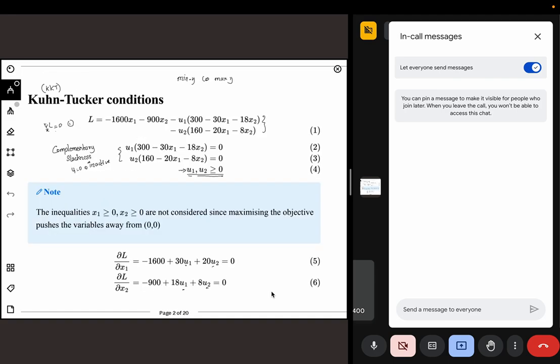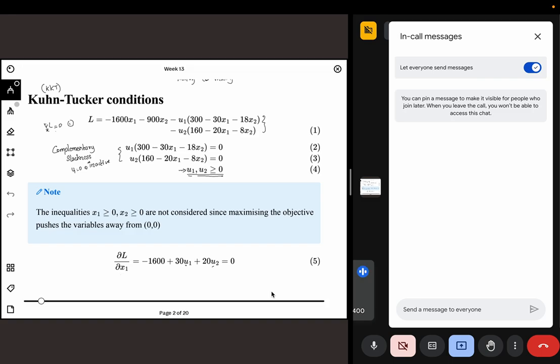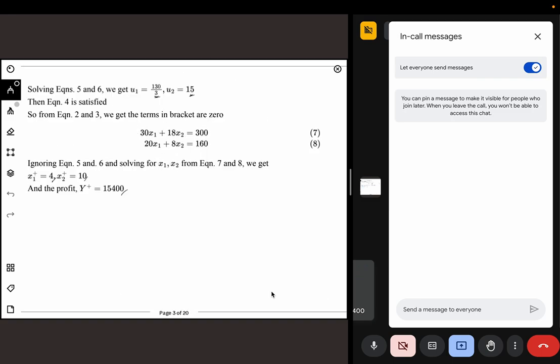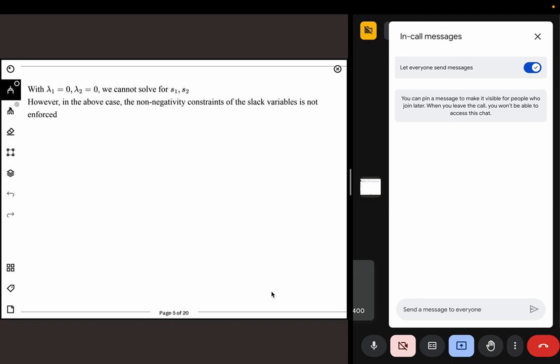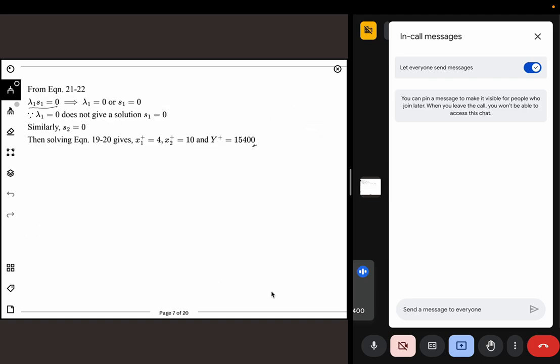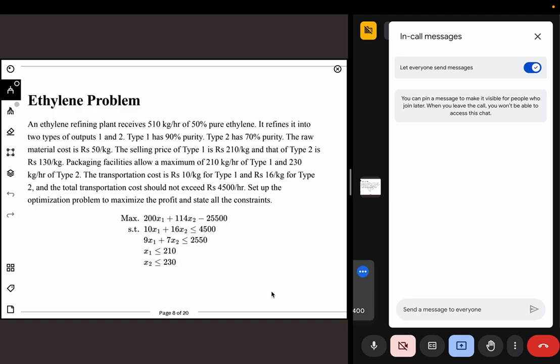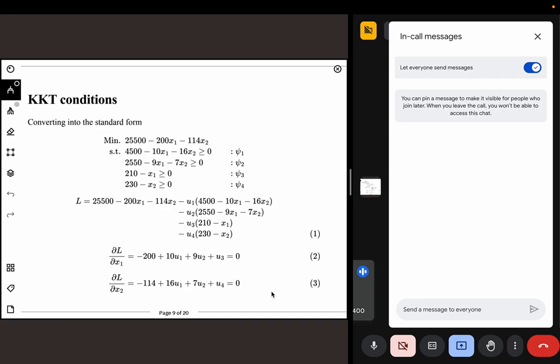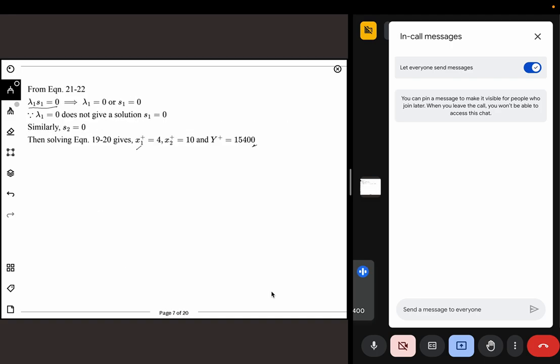Yes, that is another important point. Once you find this, you have to find Y. That is a critical thing. Like I've solved for X everywhere, and once I solve for X is when I substitute for Y. Once I found the X values, I'll substitute it in that Y equation and get the optimal value of Y. So this is important. This is our objective. We don't care about this at this point.